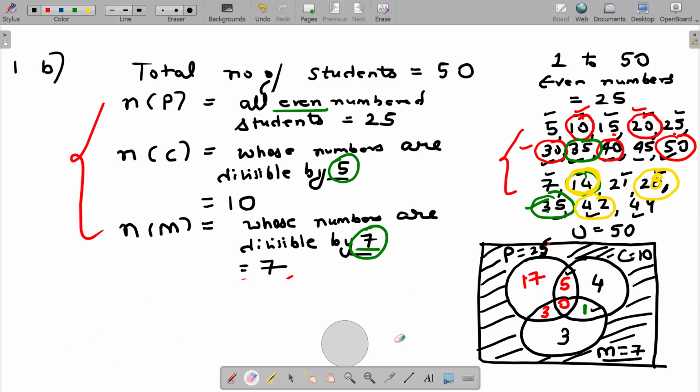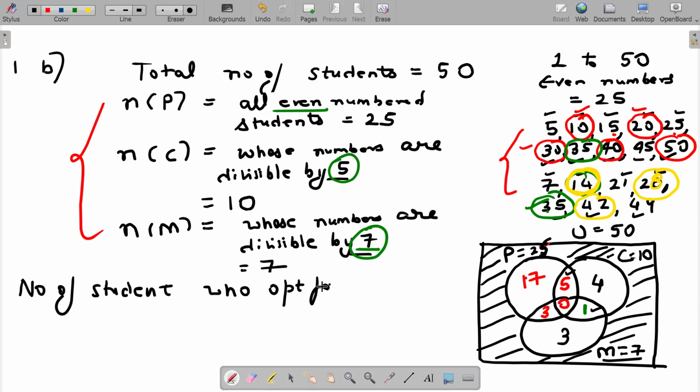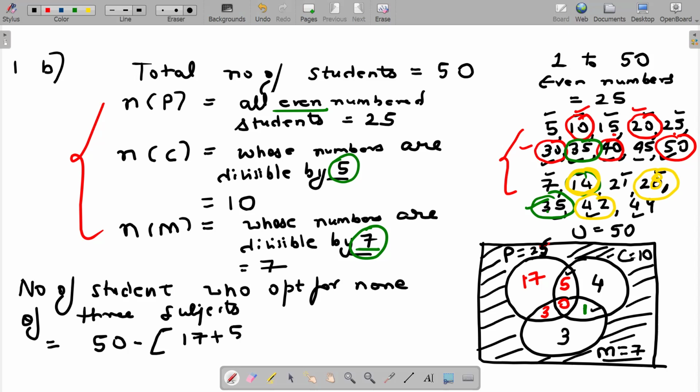So I can erase all this and I can write number of students who opt for none of the 3 subjects is, from 50, I subtract 17 plus 5 plus 4 plus 3 plus 0 plus 1 plus 3.